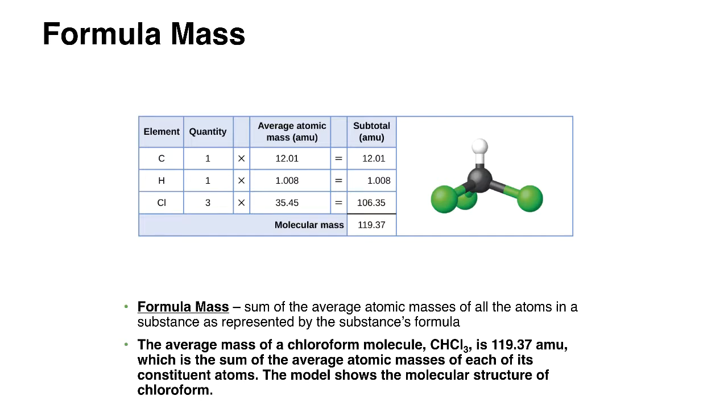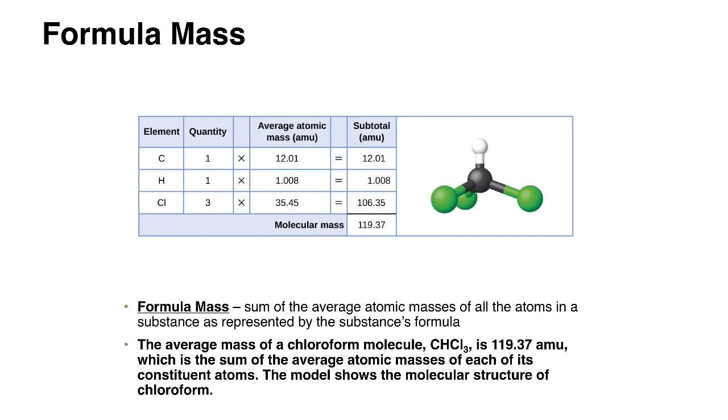And if you look at the table, the way you calculate the formula mass is you take the average atomic mass of carbon times 1, so 12.01, plus the average atomic mass of hydrogen times 1, plus 3 times the average atomic mass of chlorine.